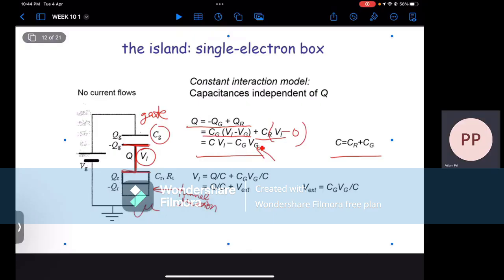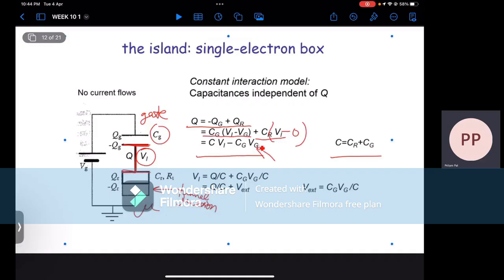So I told you that there has to be an integer number of electrons on an island, obviously. But there is something which can be thought of as an induced charge, and this comes from this kind of electrical circuit.